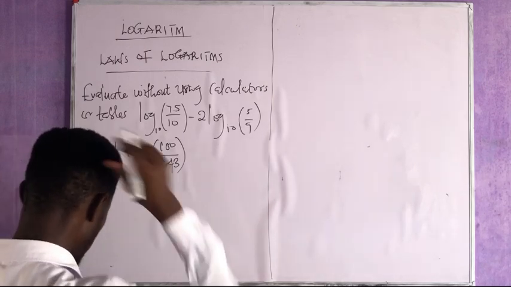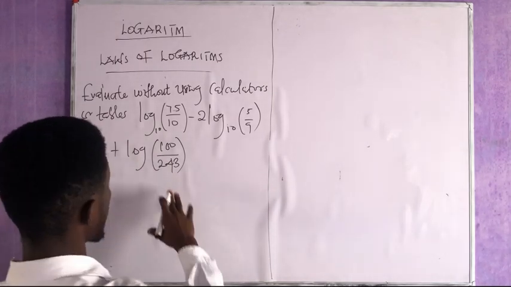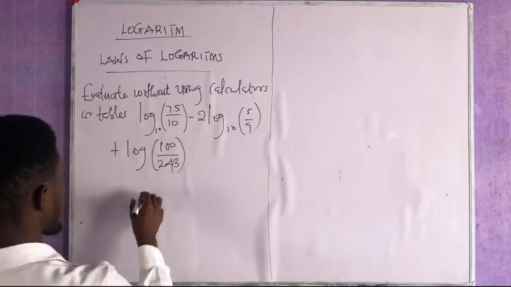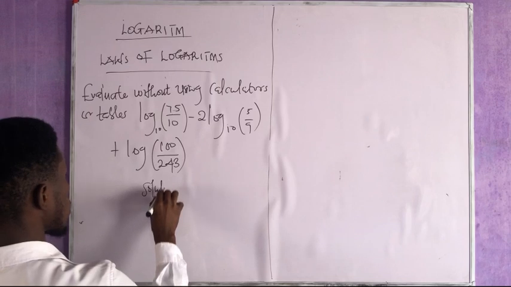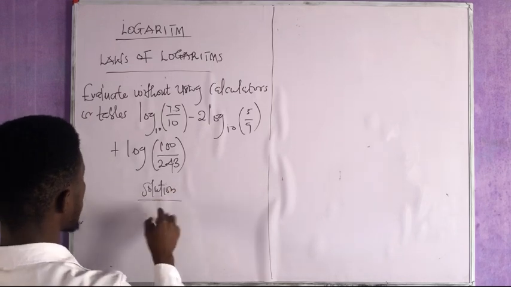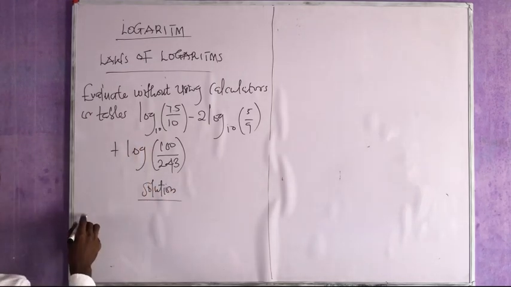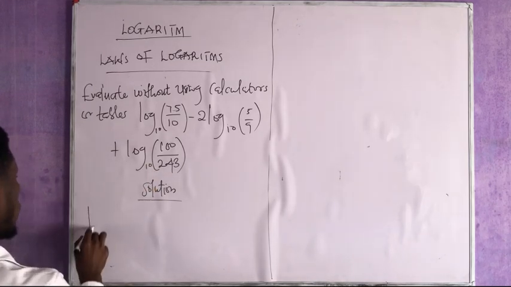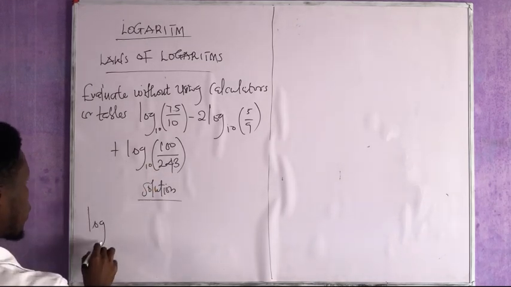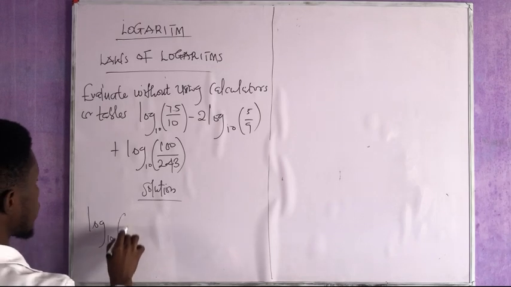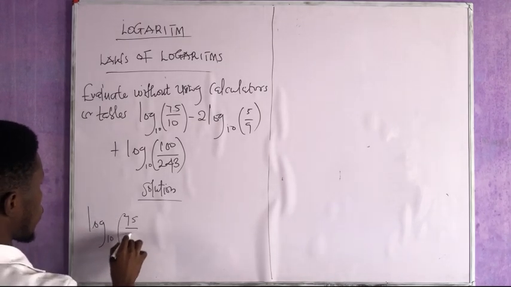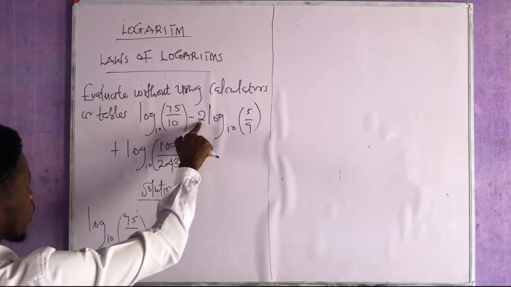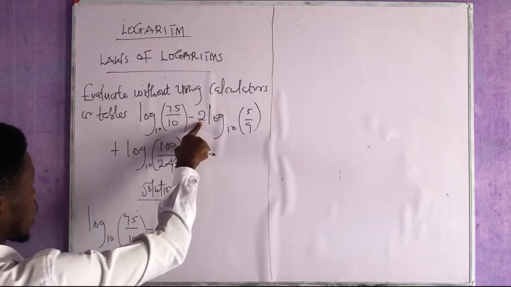So now let's look at how we can solve this question. This is a very simple question, but you have to apply the laws very well. Now looking at this, they are all in base 10. So I have log 75 over 10 minus, here I have to make sure that the coefficient is not 2, it's rather minus 1 here.